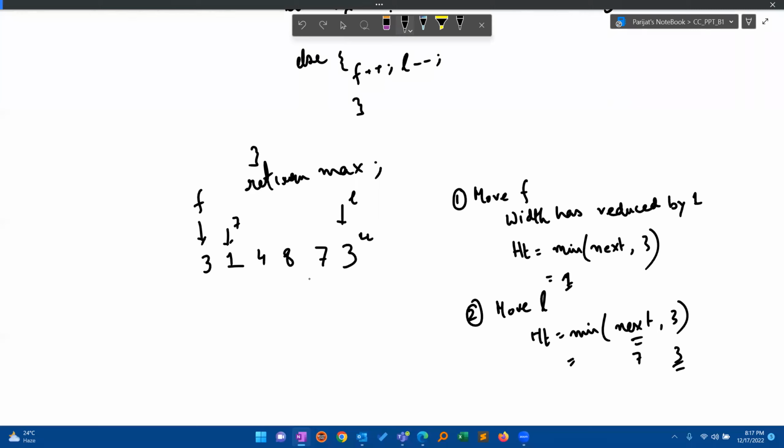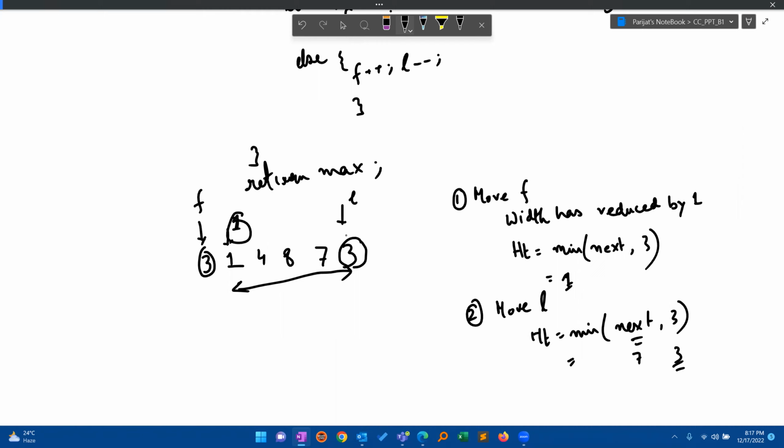Your new area will be less than the max. If this side was say 1 itself and not 7, then this will now be the bottleneck. So the bottleneck will be 3 or lower. It cannot be a higher value, because one of the two pillars, the two pointers, has been bottlenecked by 3.